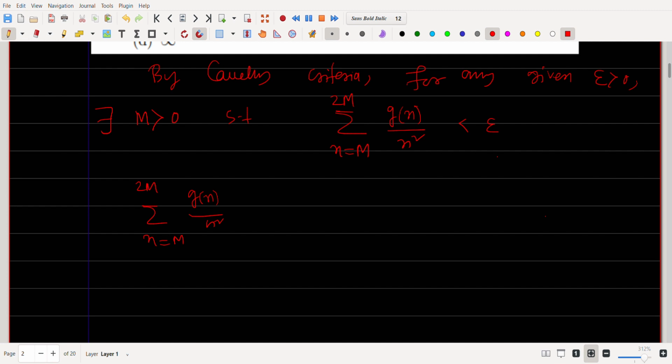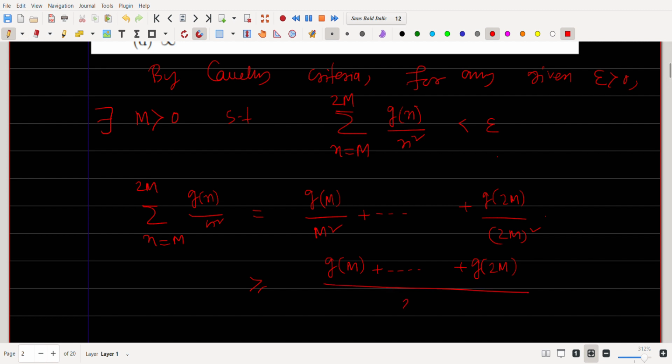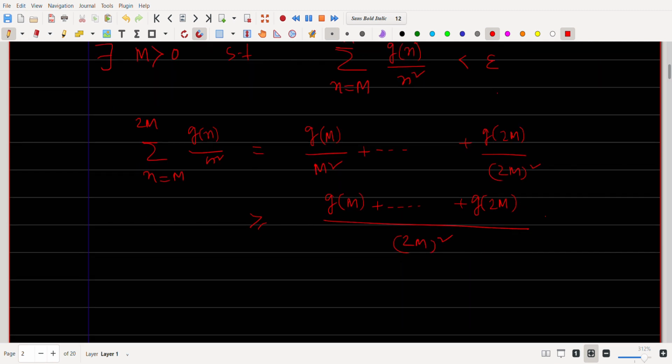This one is actually G of M by M square plus G of 2M by 2M square, right? Which is greater than or equal to G of M plus G of 2M by 2M square, right? Why? Because Gm by m square is greater or equal to Gm by 2m square, because m square is less or equal to 2m square.